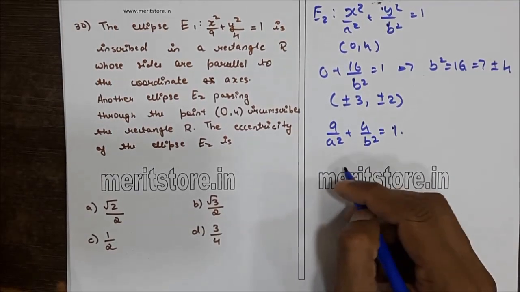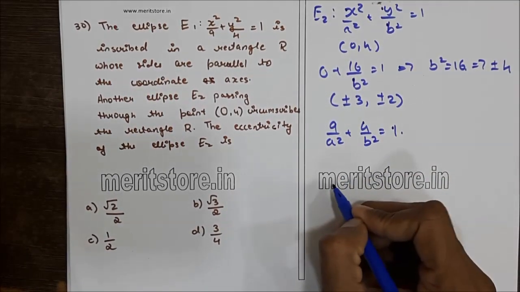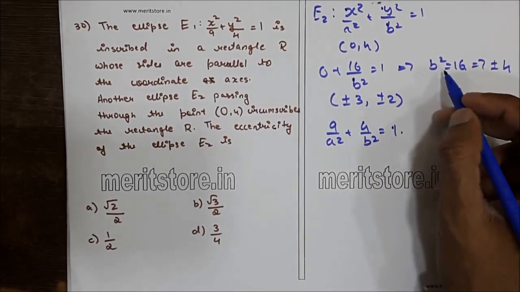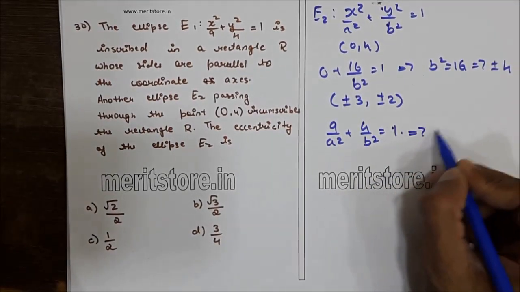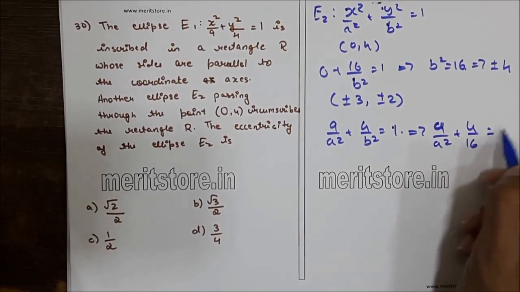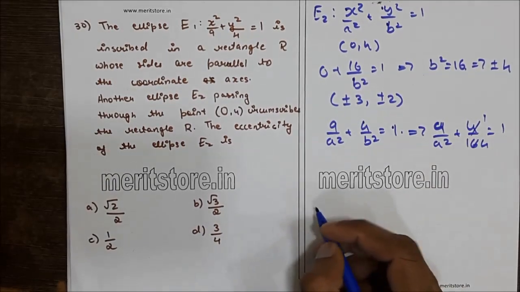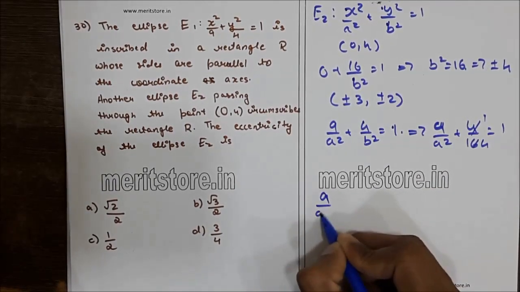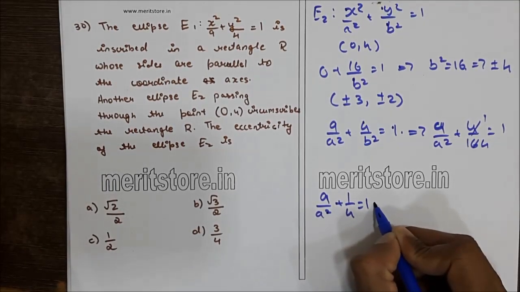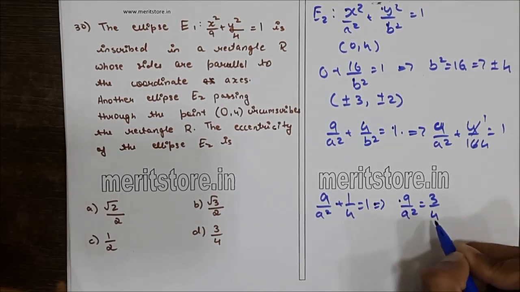So we substitute the value of b square directly, we get 9 upon a square plus 4 upon 16 equal to 1, which is 1 by 4. So this can be written as 9 upon a square plus 1 by 4 equal to 1. Further solving this, we get 9 by a square equal to 3 by 4.